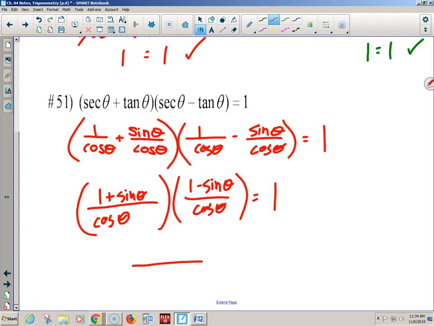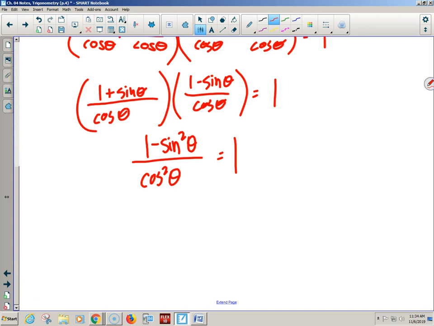Fractions, how do I multiply them? Cross. So, cosine times cosine is? That's a difference of squares. Oh, that's right. A plus b times a minus b is a squared minus b squared.